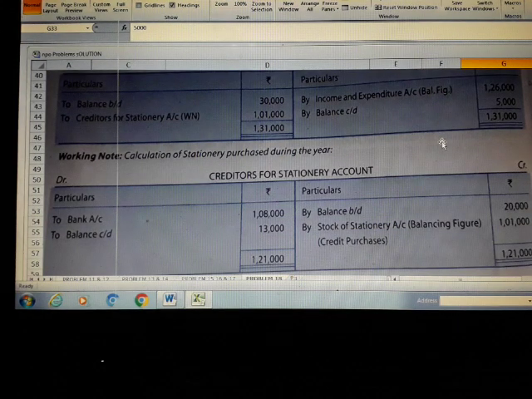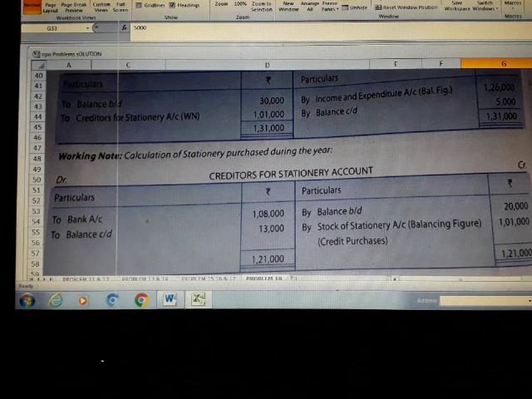In the creditors account, the opening balance of creditors will show a credit balance, because creditors are all liabilities. So in the creditors account you are preparing, the opening balance of creditors you drop on the credit side. Similarly, the closing creditor value will be on the debit side, that is an amount of rupees 13,000.